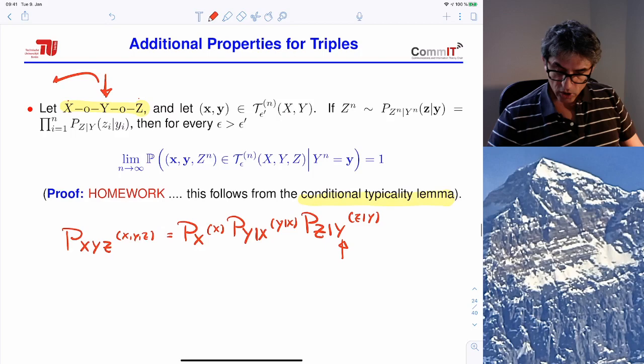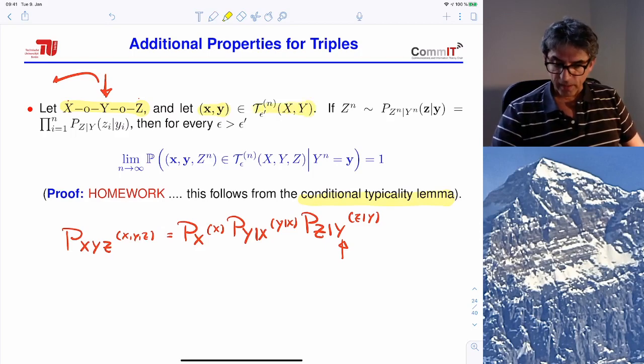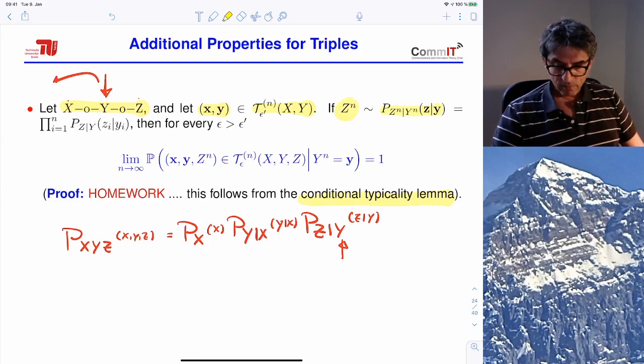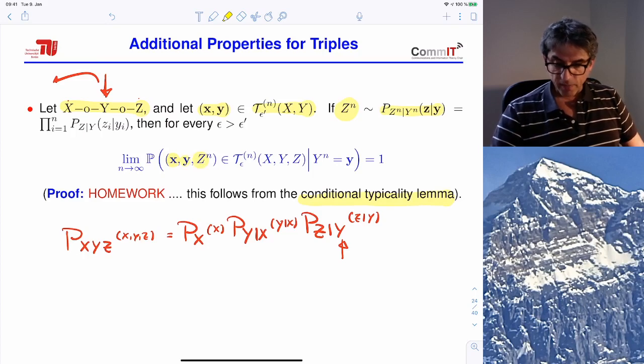Good. So it turns out that if we take (x, y) to be epsilon prime jointly typical, and we generate z randomly according to the conditional distribution of z given y, then the probability that the triple x, y, z is jointly typical goes to 1.